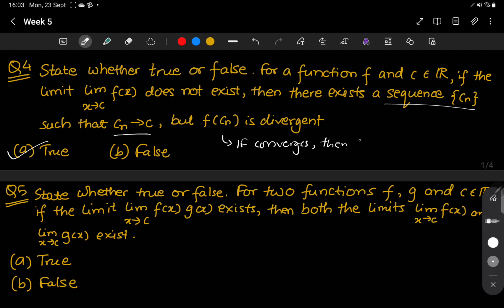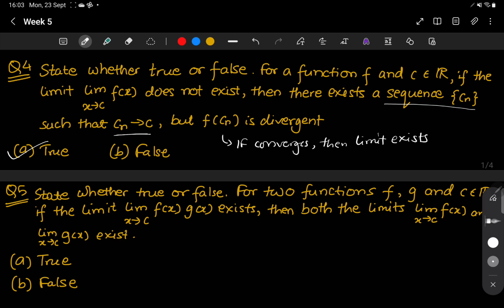then the limit exists. So if the sequence Cn converges to c, and if the function of this particular sequence converges, then the limit exists, and the value of the limit will be the value to which this function converges.